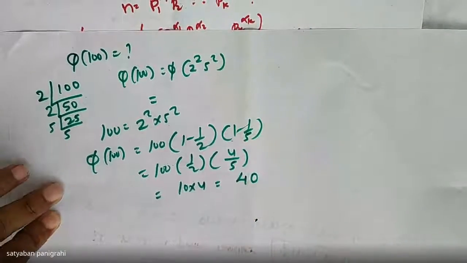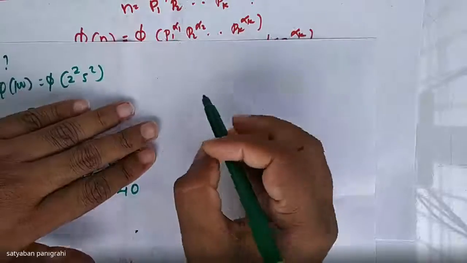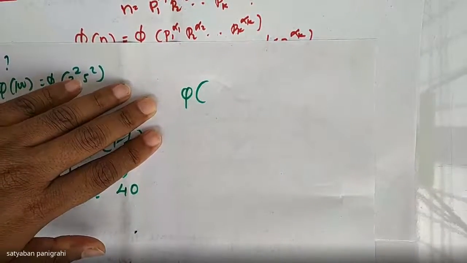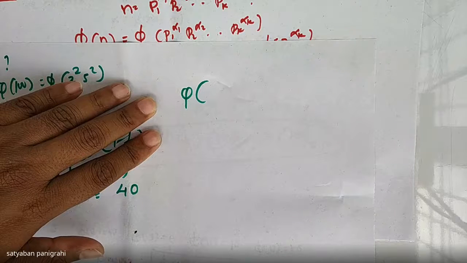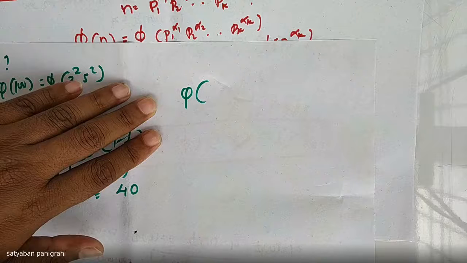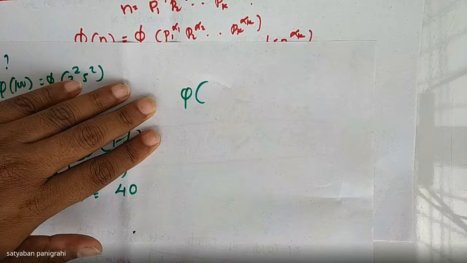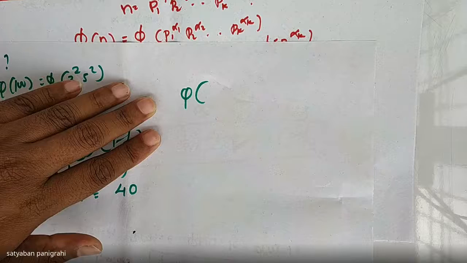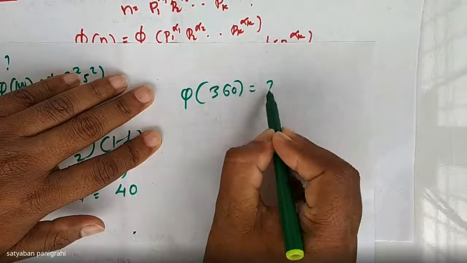Getting it? Easy? Suppose someone asks you what is the value of phi of some big number. Please give me one number, it should be a little big. Okay, 360.